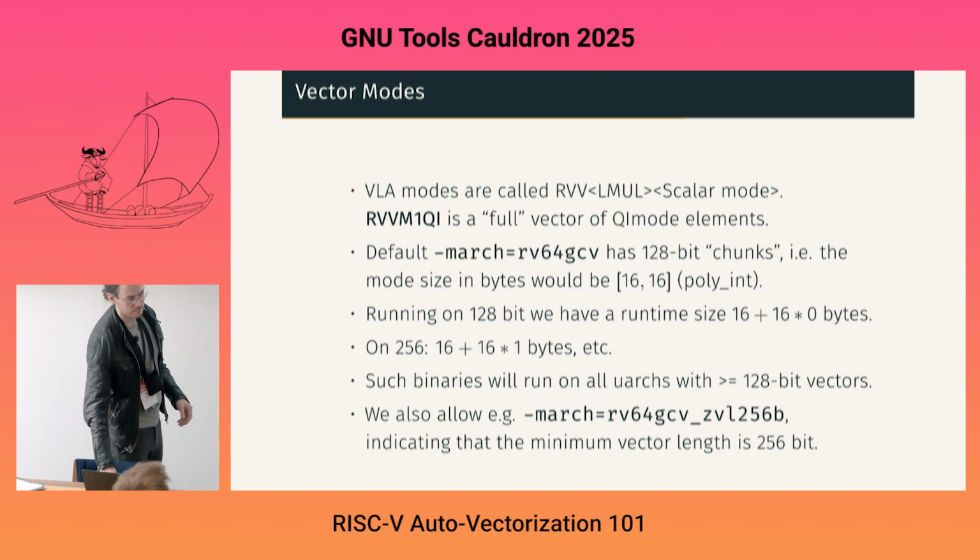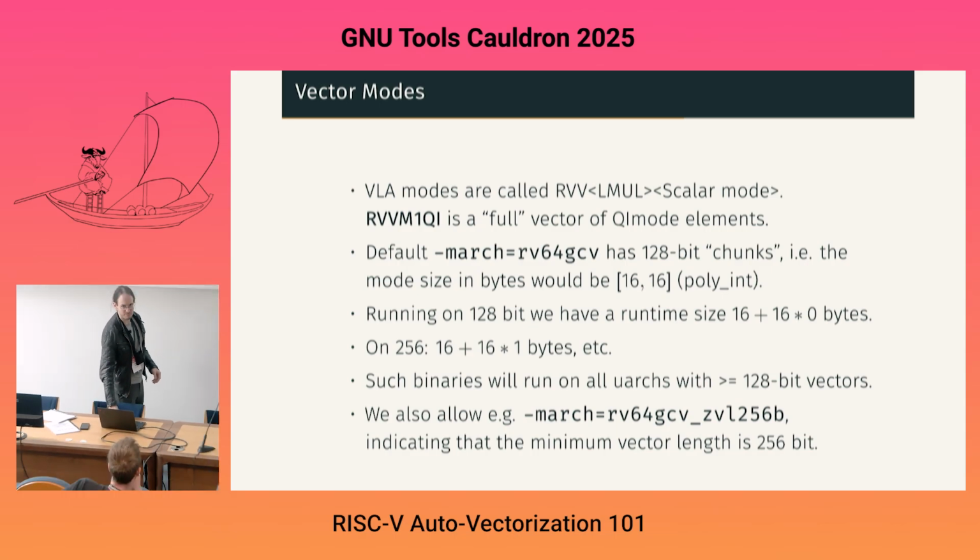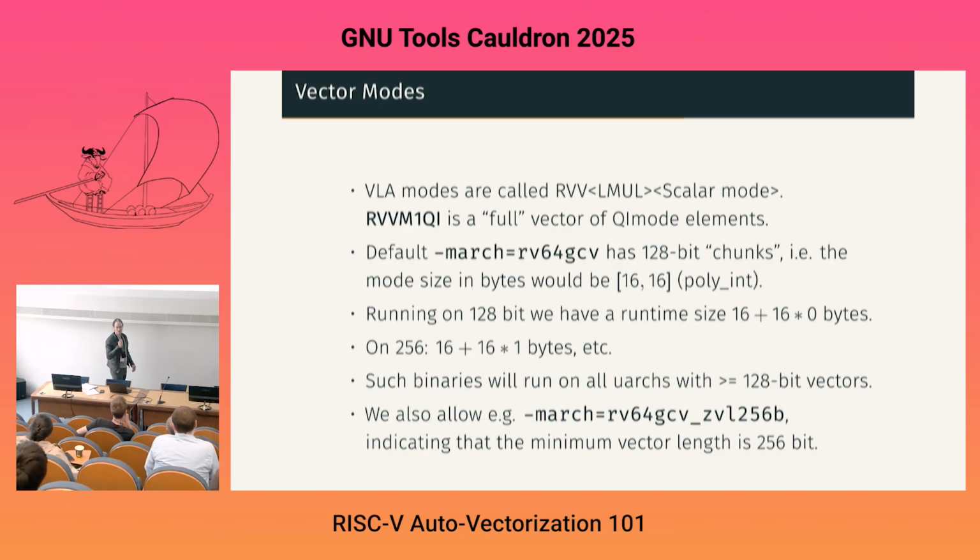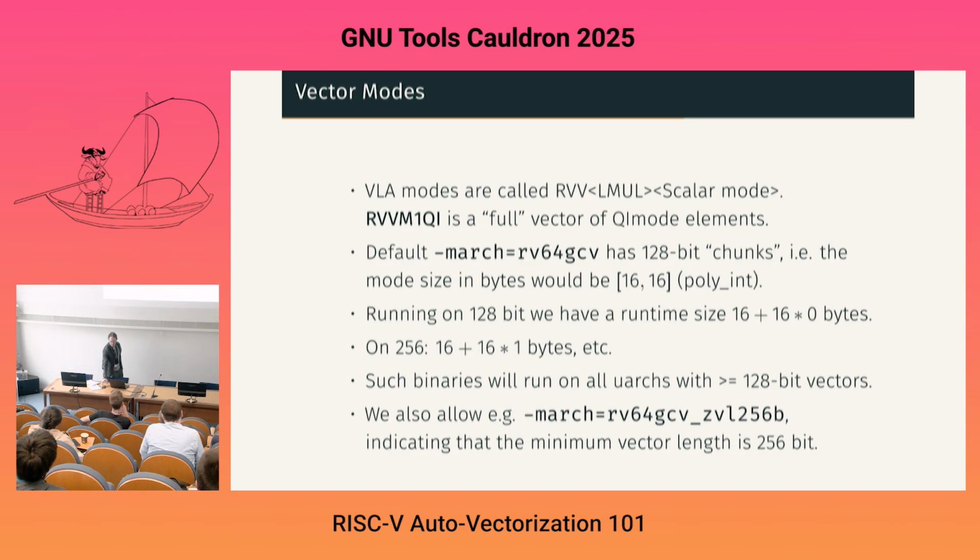Question there? Still not a VLS. Yes. My question is that these days you can also specify, now you specify minimum length, now you can also specify exactly it's going to be this amount of bits. Does that influence the decisions that the vectorizer makes? So of course, yes. It doesn't need to do the get VL.